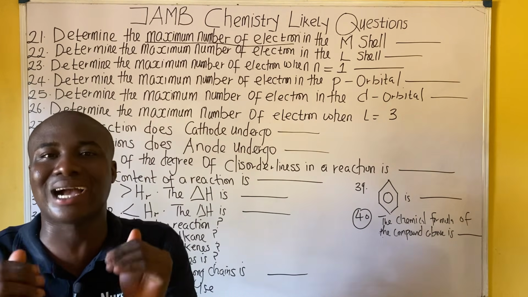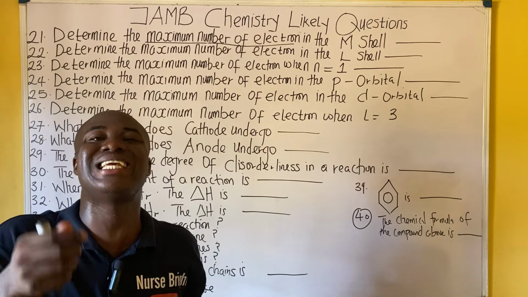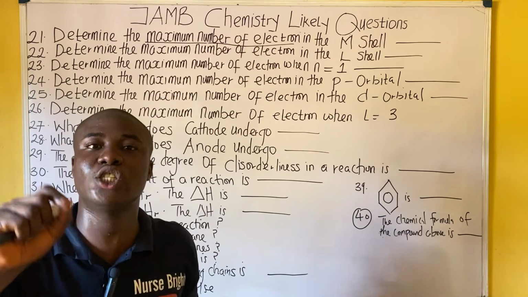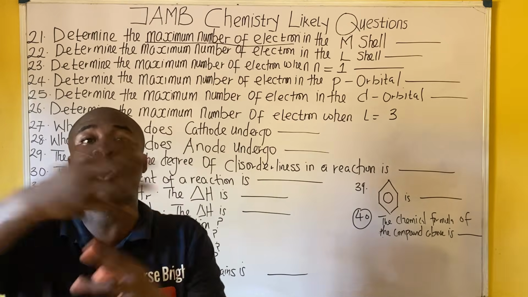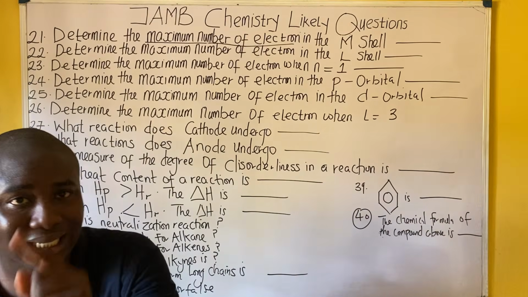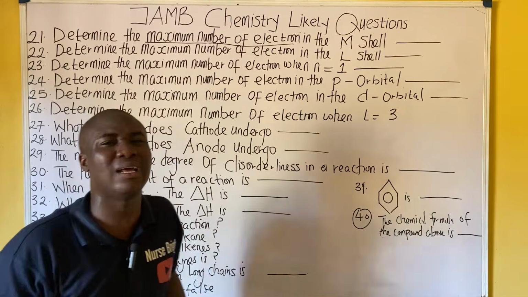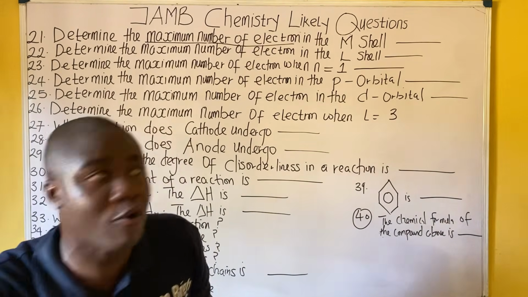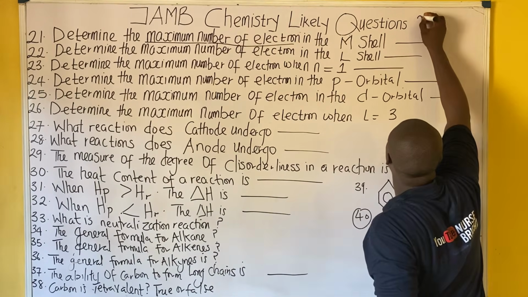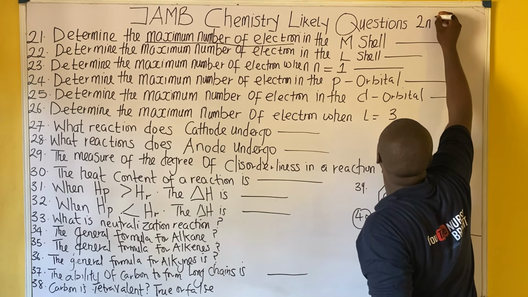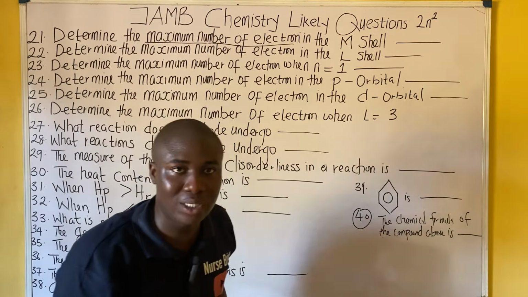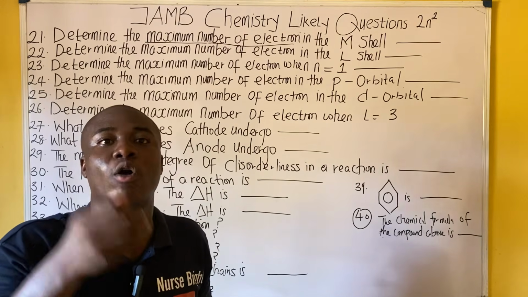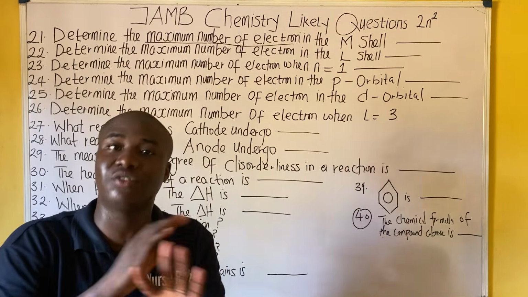Whenever you are asked to determine the number of electrons in a shell, because we have different shells, in this context they are asking us for the M shell. We have other types of shell, but you should understand here that whenever you are asked to calculate the maximum number of electrons in a shell, there is a formula to be used. And that formula is simply 2n squared. That n you are seeing there tells us the number for the shells. In chemistry, we have different shells.